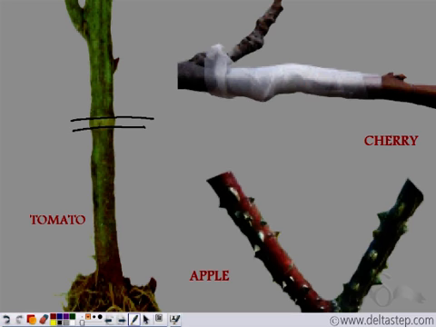So this is the rooted plant, so it is known as the stalk. And this portion is the scion.